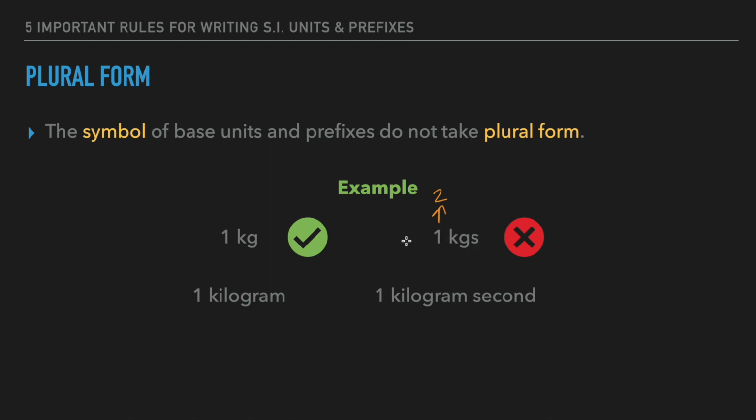Why? Because in physics we are dealing with physical quantities, so the symbols are the key. What do I mean by that? You can see it below. 1 kg is 1 kilogram, but when we write 1 kgs, it alters the meaning.